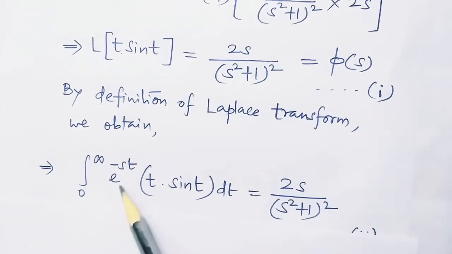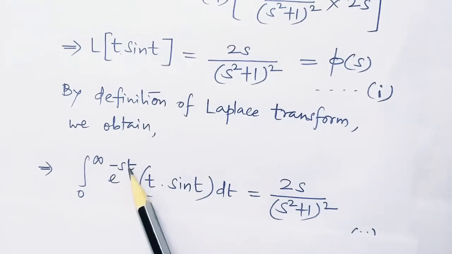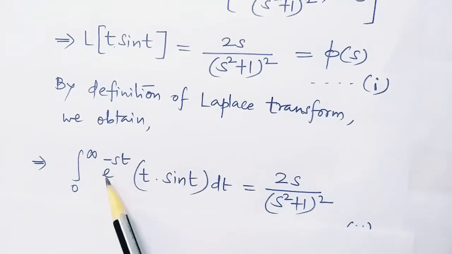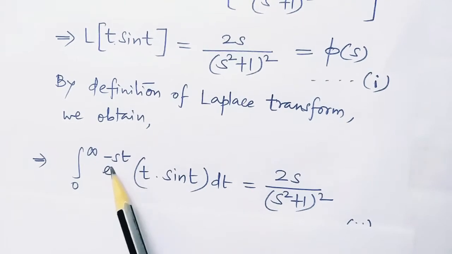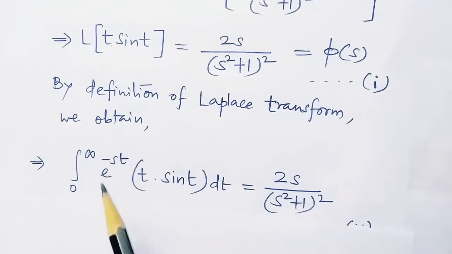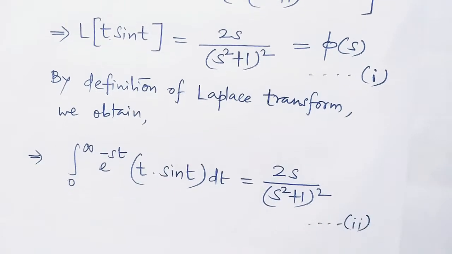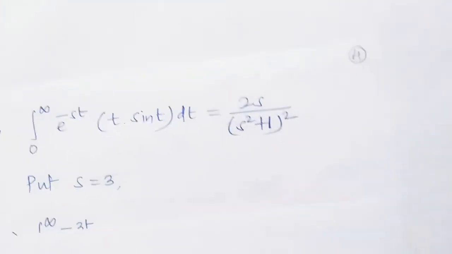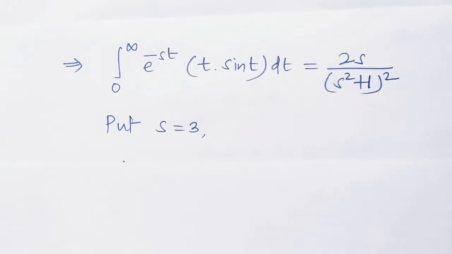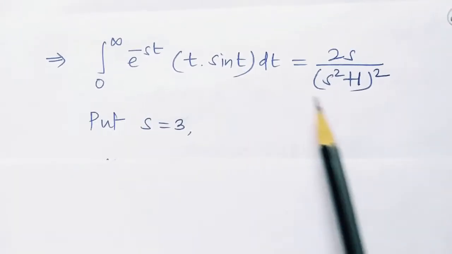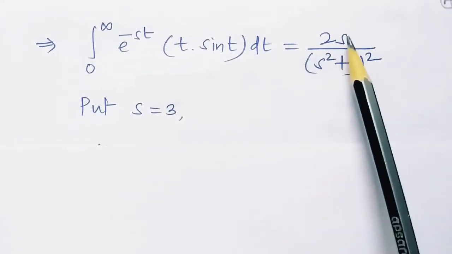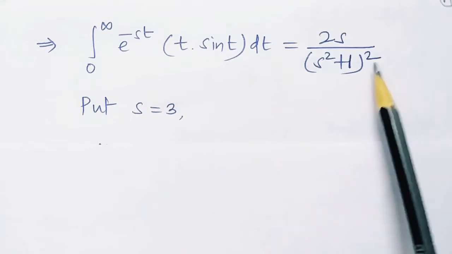But are we interested in e to the power of minus st? No. In the given problem, it was e to the power of minus 3t. Just to achieve e to the power of minus 3t, straight away we can replace s by 3 on both sides, LHS as well as RHS. As we reach this particular point, integral from 0 to infinity e raised to minus st t sine of t dt equals 2s divided by s square plus 1 the whole square.